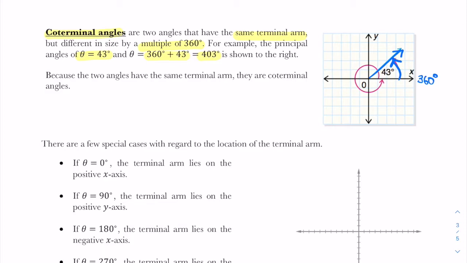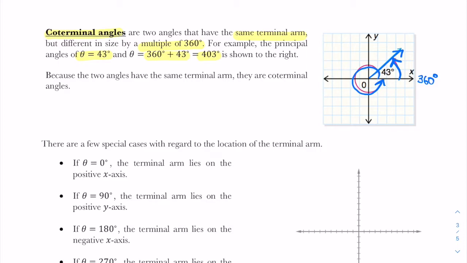And if you go an additional 43 degrees counterclockwise, you've rotated a total of 403 degrees, but then your terminal arm will overlap with the one that was only rotated 43 degrees counterclockwise. So because these two principal angles give us the same terminal arm, we call them coterminal angles.